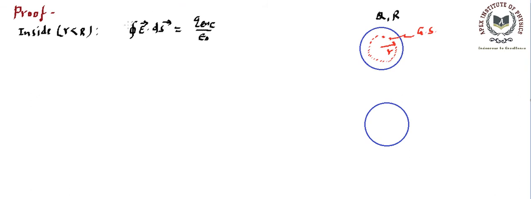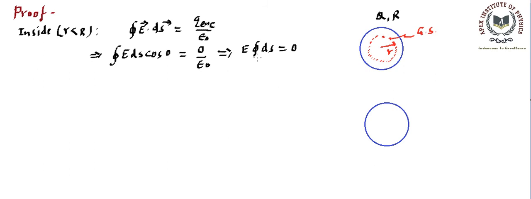So the left hand side becomes integration E ds cos 0, and on the right hand side we find the charge inside this Gaussian surface, which is going to be 0, divided by epsilon naught. After simplification, cos 0 is 1, E being uniform can be taken outside, so it becomes E integration ds equal to 0.